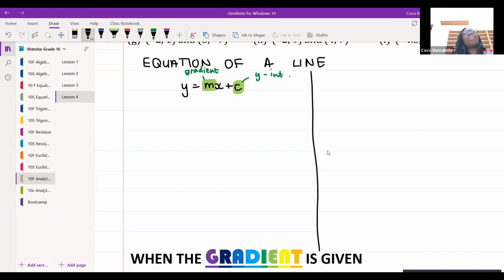Now, the other formula we also use for the equation of a line in analytical geometry goes: y minus y1 is equal to m multiplied by x minus x1, close brackets. I need you to write both of these down because they do 2 completely different things.